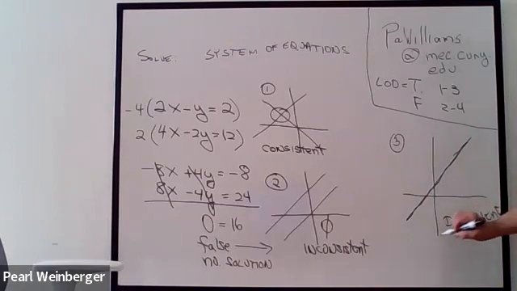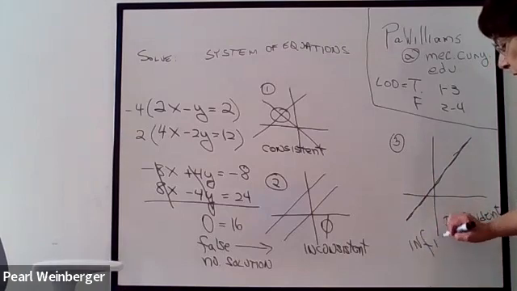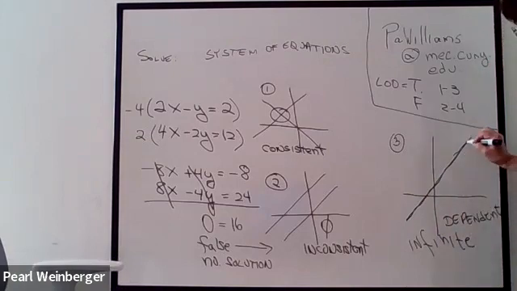And in this case, there are an infinite number of answers. Any number on any one of those lines is going to be a solution. There's not going to be a single solution.